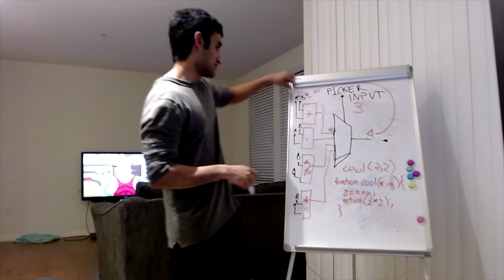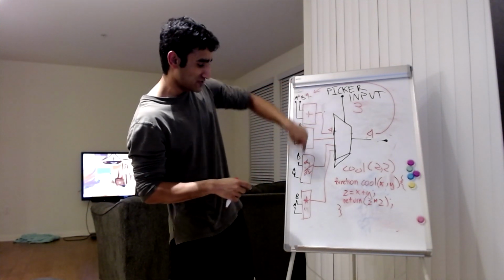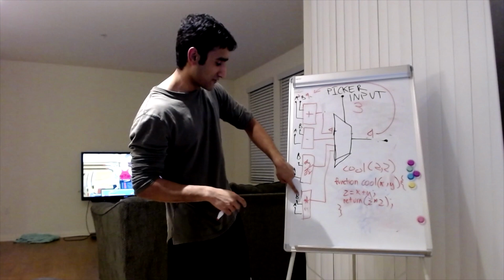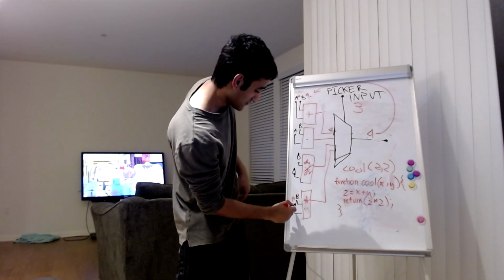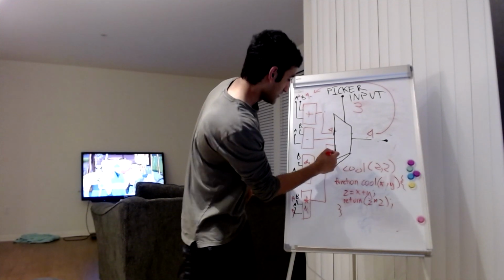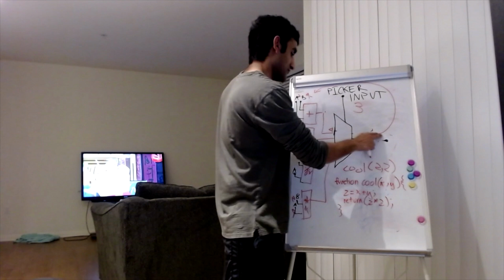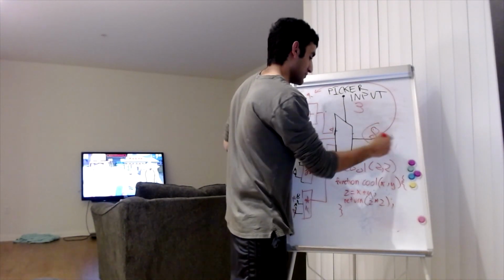And 2 and 4 are still going to be run simultaneously across all these different operations. But we're going to pick this one right here. So we're going to multiply 2 times 4. We're going to end up with 8 right here. The mux, or multiplexer, is going to pick that number 8. And we're going to have the number 8 as our output right here.